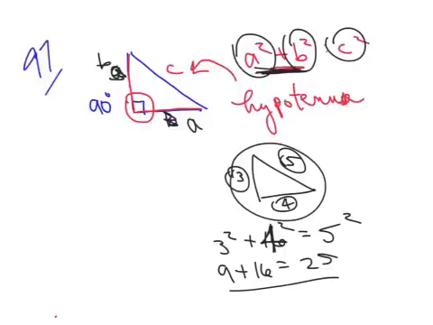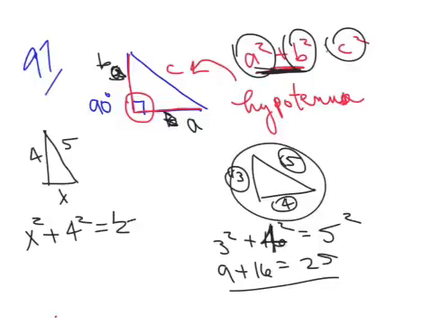So what if I was told this side was x, this was 4, and this was 5? Well, I know that if we take the length of one and square it, and the length of the other and square it, we get the hypotenuse squared.